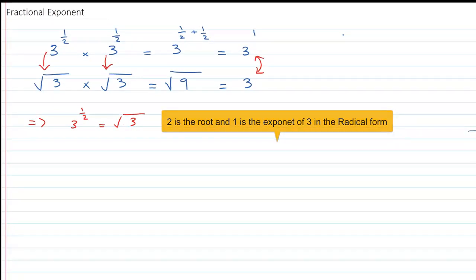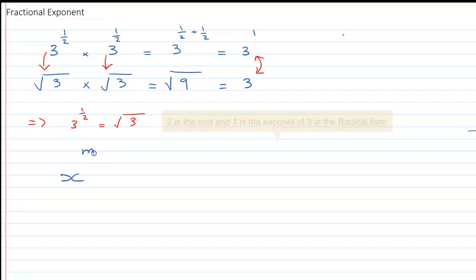The first law is, actually the only law for fractional exponents, that if you have x to the power of m divided by n, so that's a fraction, m divided by n, where n cannot be 0, I do have to write that down, that is actually equal to, so let me change to a different color.